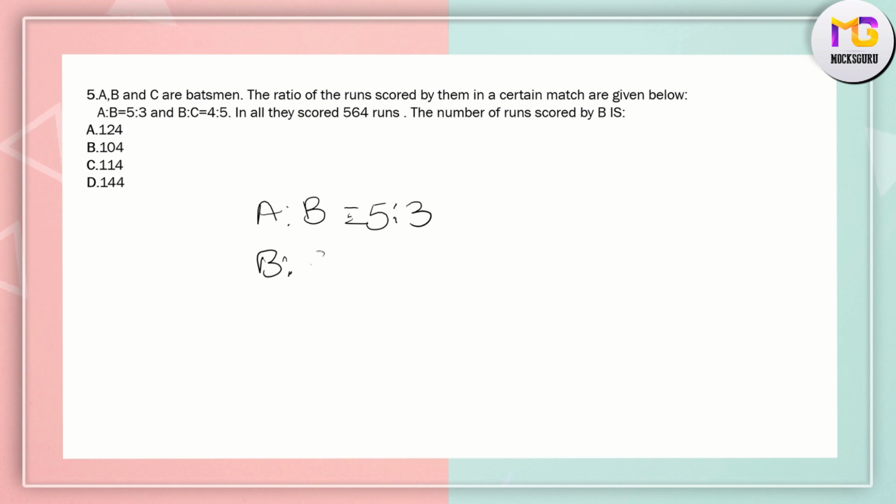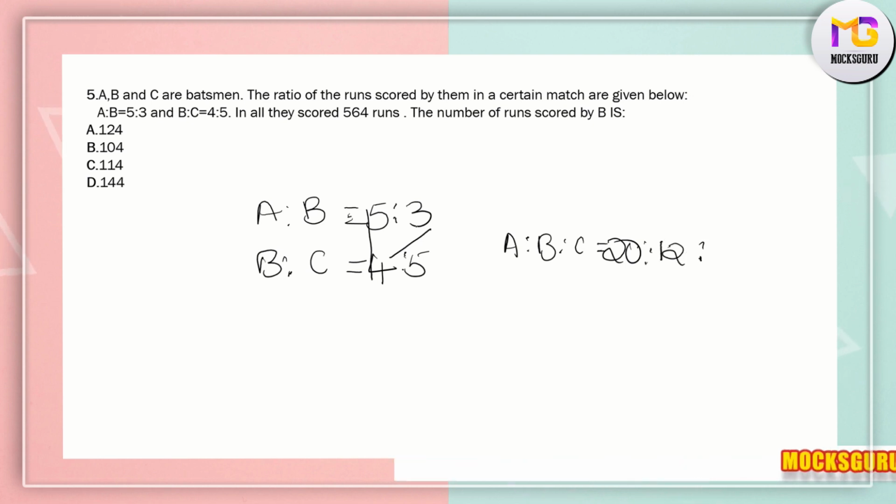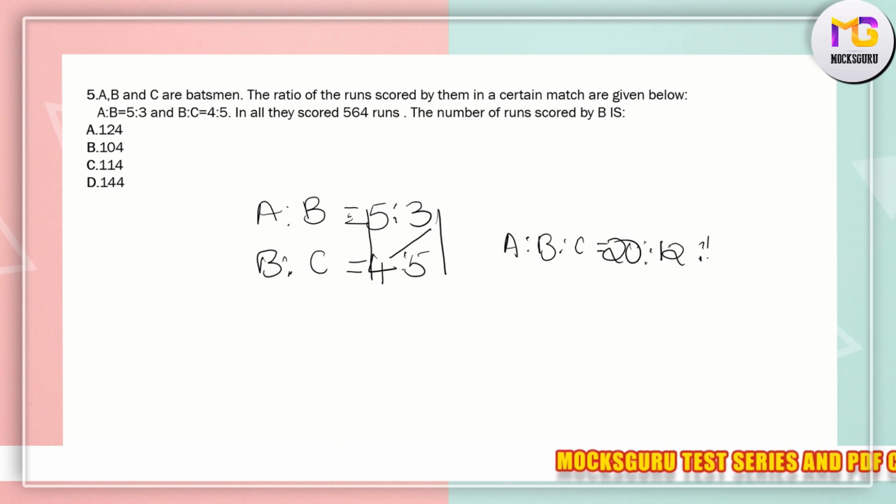B is to C is equal to 4:5. We have to find out A is to B is to C. So 5 into 4 is 20. 4 into 3 is 12. Then 3 into 5 is 15.